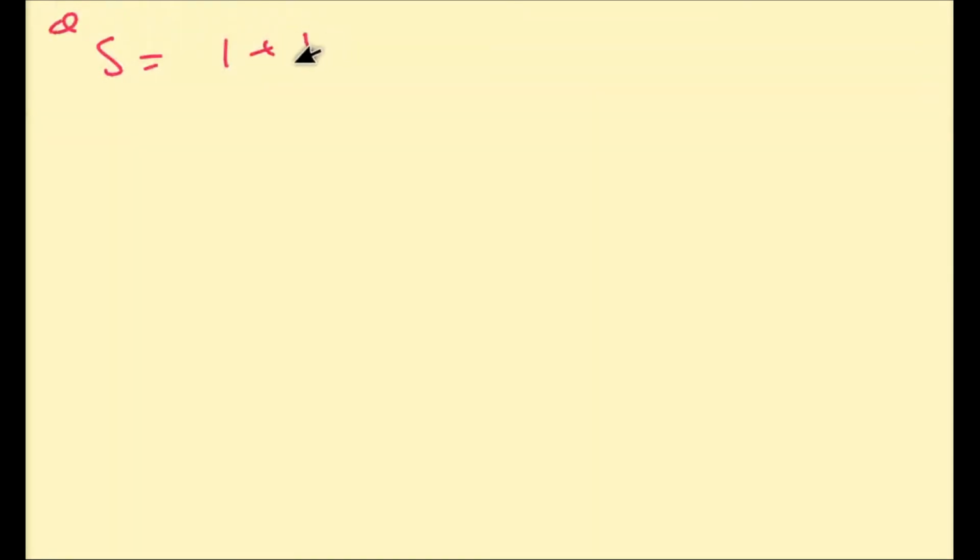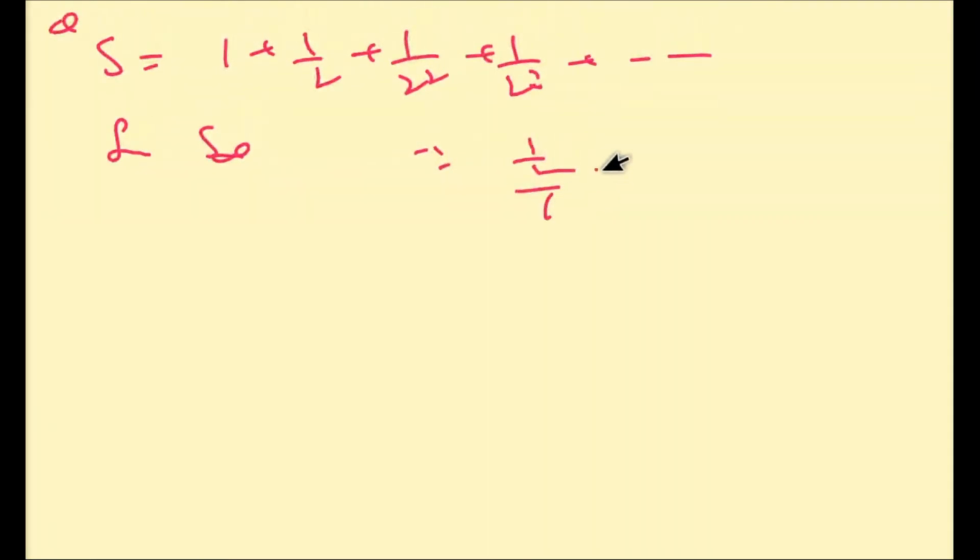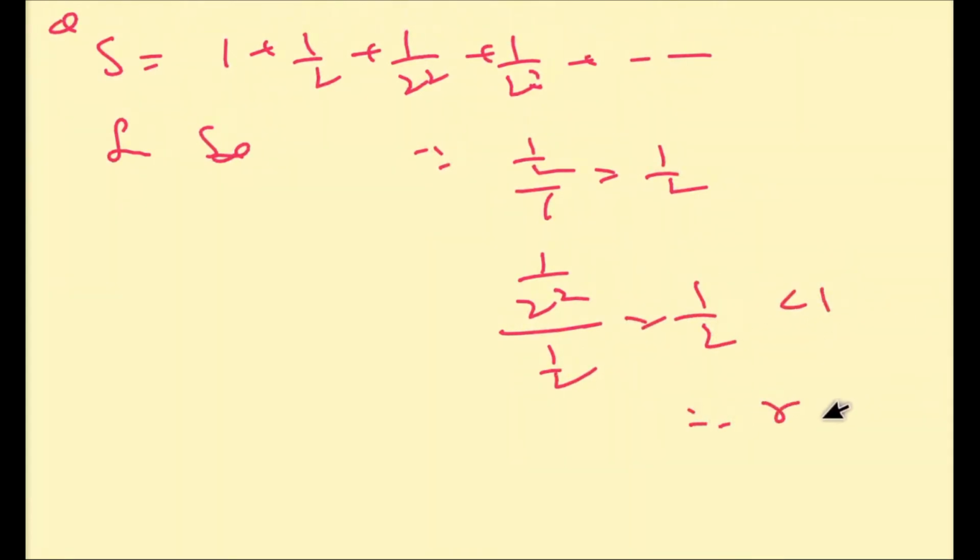Now the question is 1 plus 1 by 2 plus 1 by 2 square plus 1 by 2 cube. Find S infinity. Since (1 by 2) upon 1 equals 1 by 2, and (1 by 2 square) upon (1 by 2) equals 1 by 2, which is less than 1, it is the ratio r, hence it is a GP.